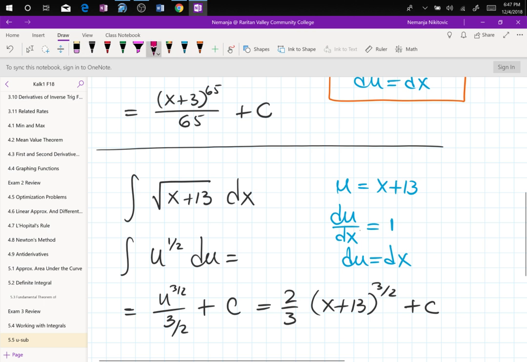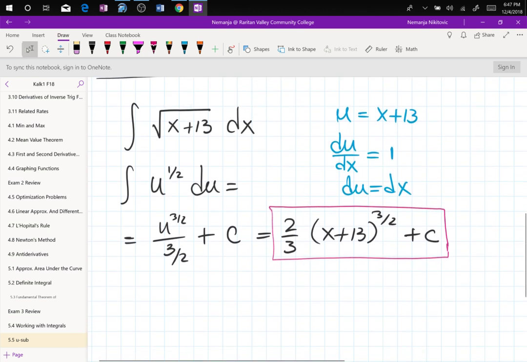We remember from algebra that the exponent 3/2 means 3 is the exponent and 1/2 is the square root, right? So you could, if you want to, write this as the square root of x plus 13 squared, but leaving it as 3/2 is perfectly fine.